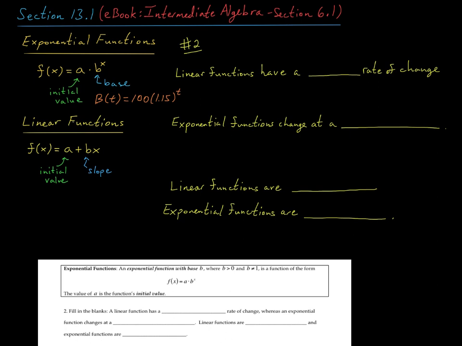Now I put linear functions and their form just directly below, and typically we write these as mx plus b, but I wrote it as a plus bx just to compare them to the form of an exponential function. And here a would be the y-intercept, which is also the function's initial value.